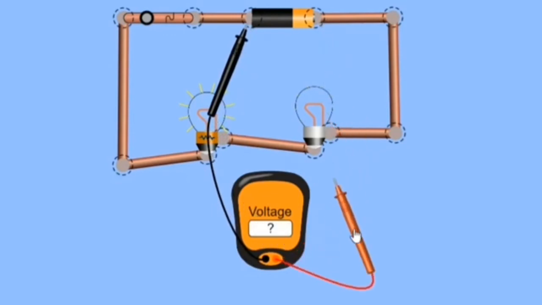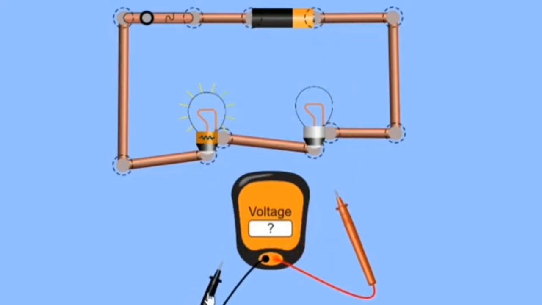So, what can you conclude? What is the relation between the voltages of these lamps and that of the dry cell?